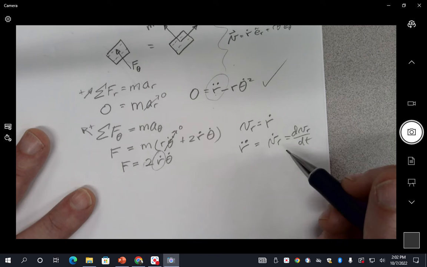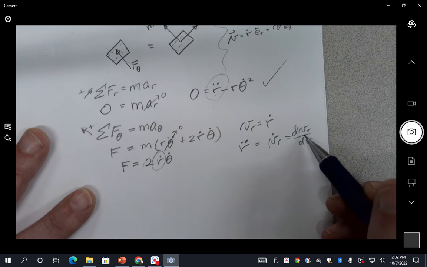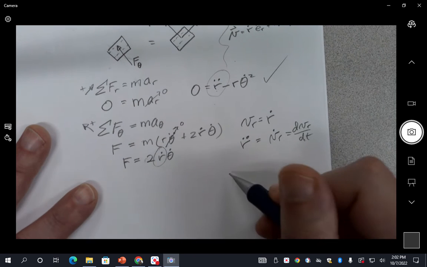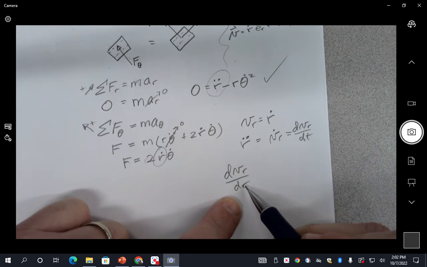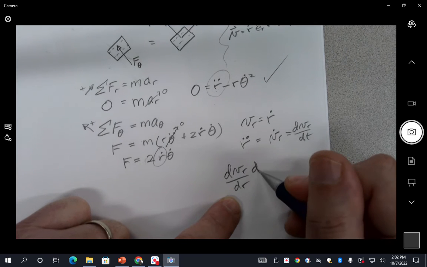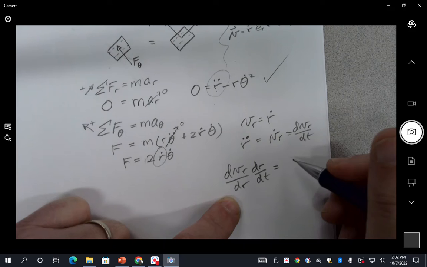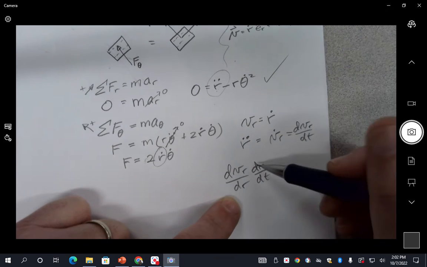And any time we're doing that, one of the methods we have is the chain rule. If we could turn this into dVr/dr, which is what we would rather have, the only way to do it is to multiply by dr/dt.